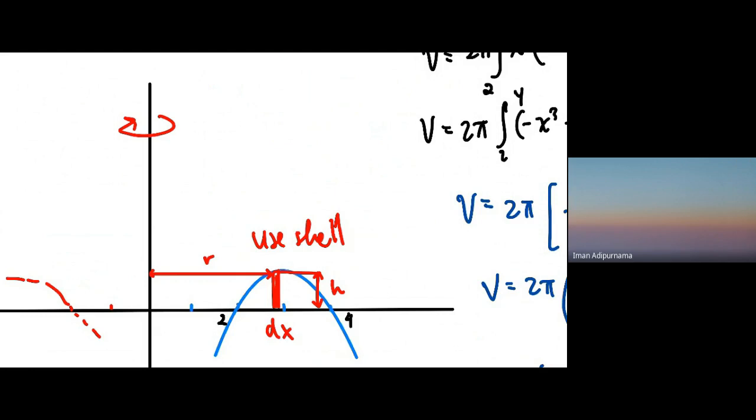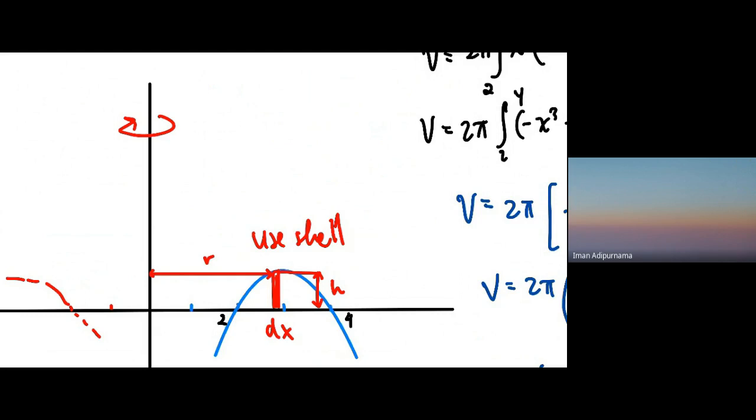If we rotate about the y-axis, you can first imagine taking the disk, which is weird and not solvable by the disk method, right? So the only way we can solve this is through the shell method.